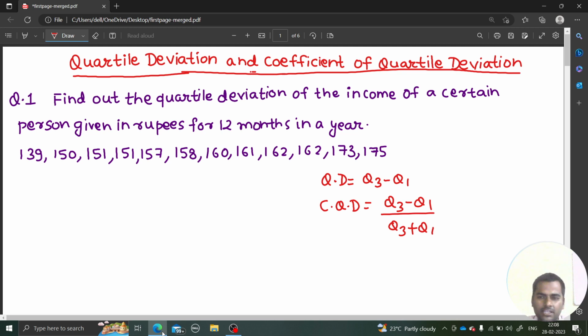There is also one term, the interquartile range, which is Q3 minus Q1. So we are going to use these two terms today, quartile deviation and coefficient of quartile deviation. I have three types of data.